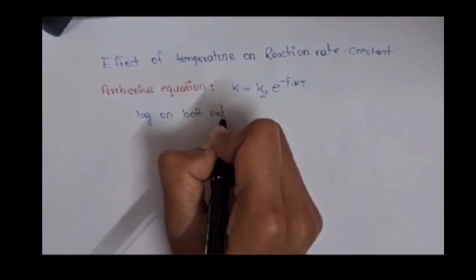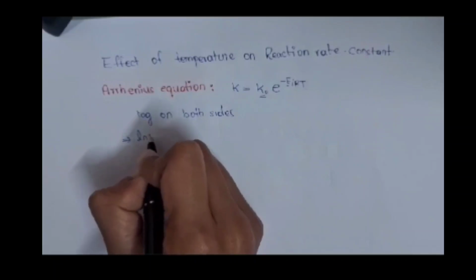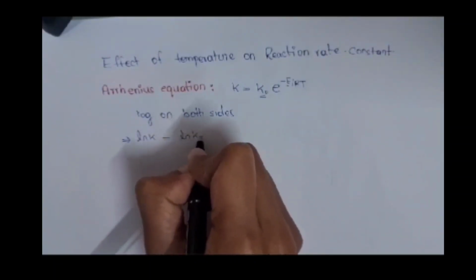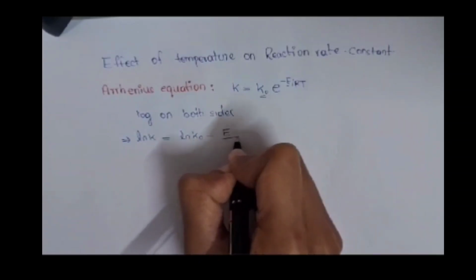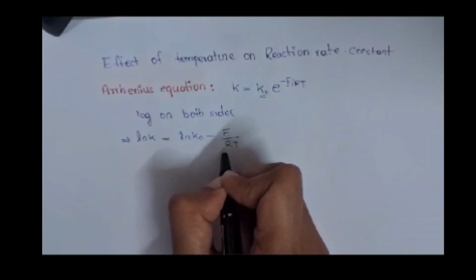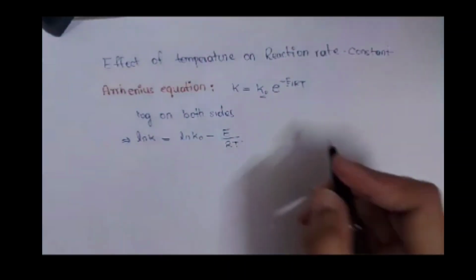Applying log on both sides, we get ln K = ln K0 − E/RT. Here, E is the activation energy, R is the universal gas constant, and T is the temperature.